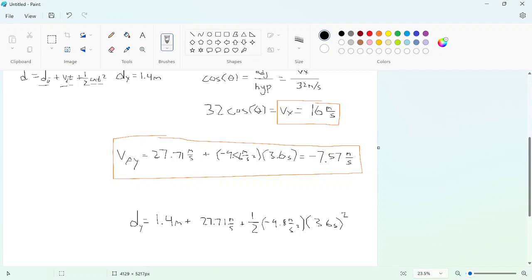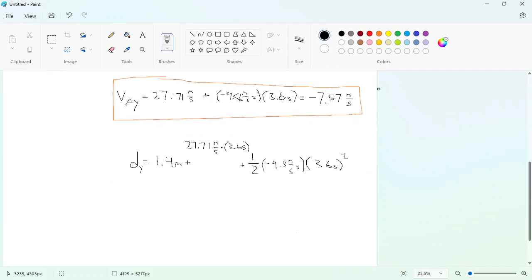Apologies, I missed that part. There we go. So we can calculate the final y position with this information.